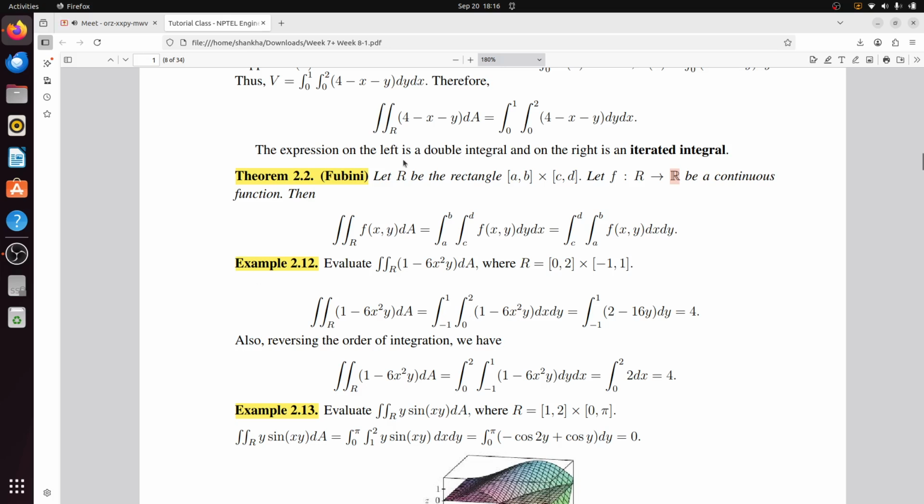That means if your f(x,y) is a continuous function, you can change the order of the integration. Whether you integrate in the order dy dx or dx dy, you will get the same result.